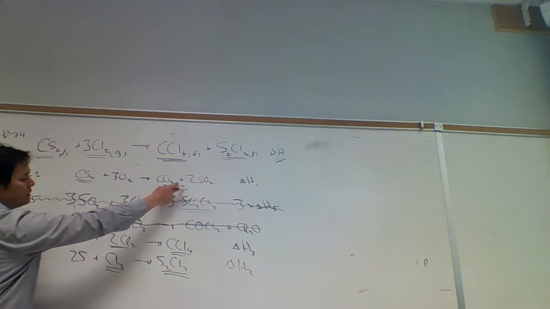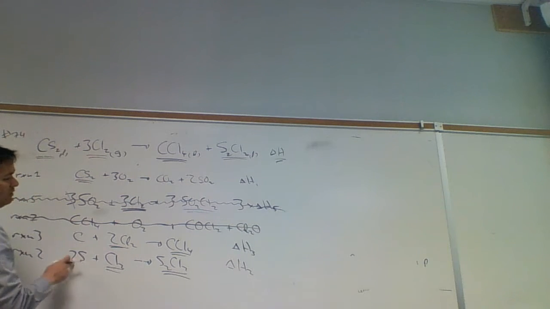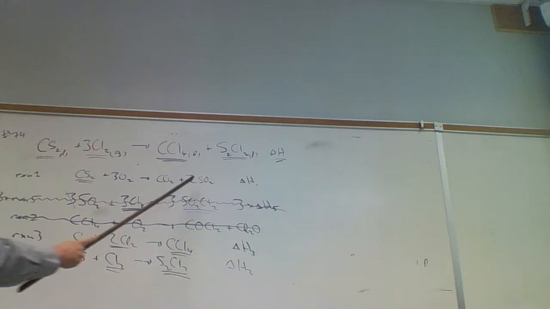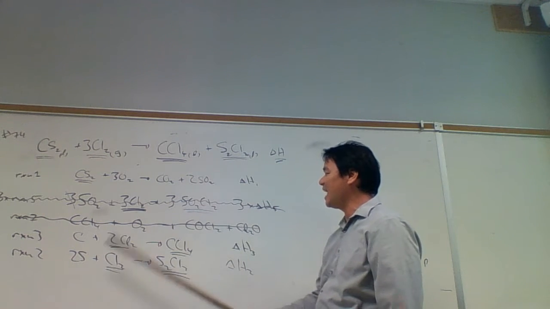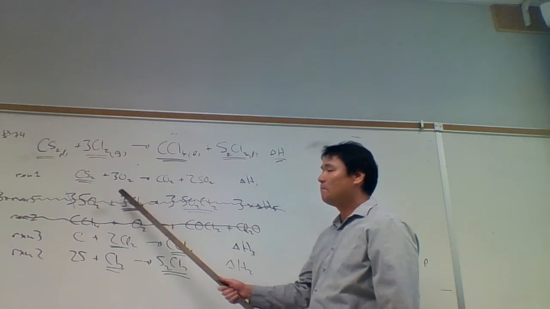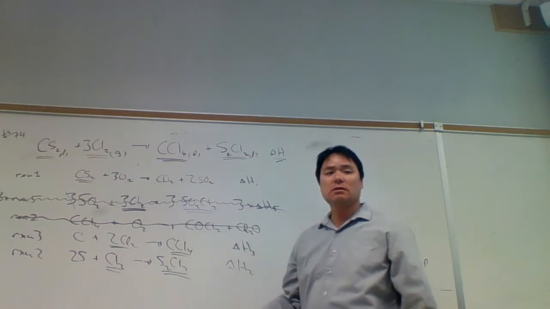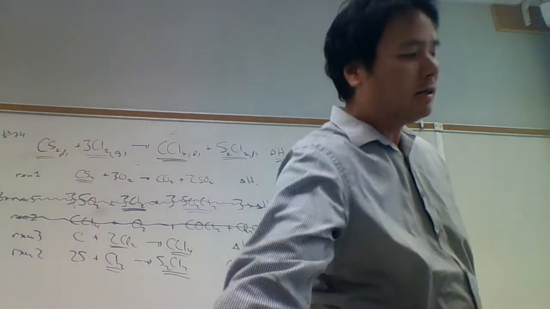Because I have 2 SO2s here, I have no SO2s here. And so I have to cancel that out. And so does that mean I'm going to have to reverse this reaction and add it? If I reverse this reaction and add it, then I'm back where I started. And so let's take a look here.